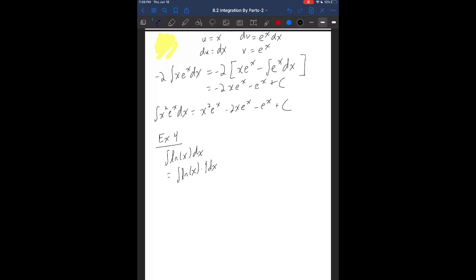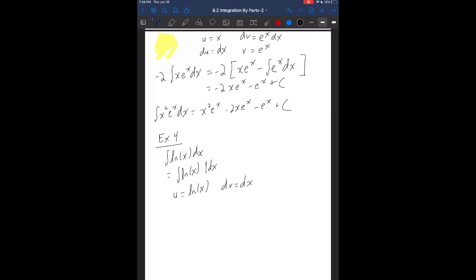And what we then choose, as we choose our u to be natural log of x, and we choose our dv to be just equal to dx. The reason we choose it this way is if we were to choose our dv as natural log of x, well, this would kind of defeat the purpose because we would need to take an integral of natural log of x, and that's what we're trying to figure out.